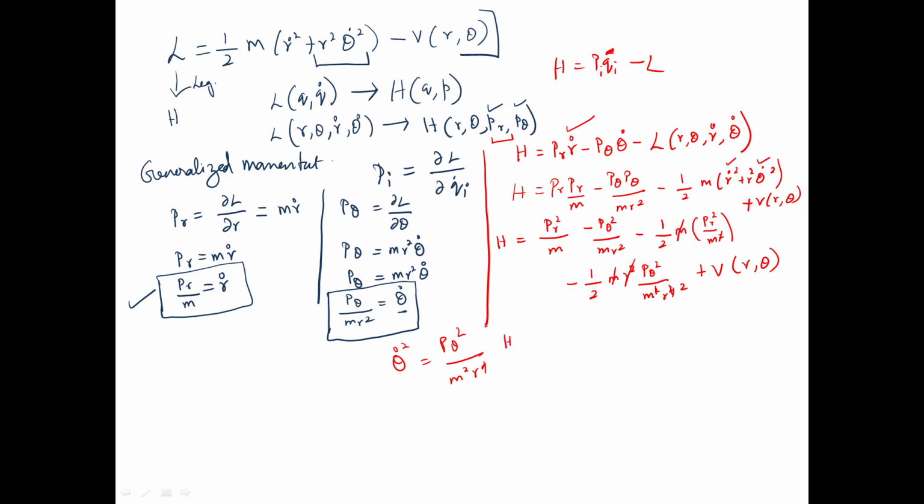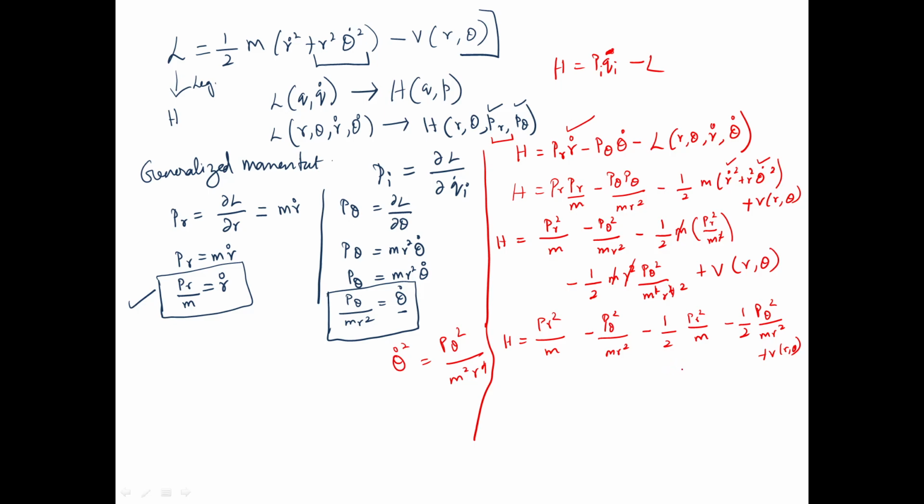So I can write H is equal to p r square by m plus p theta square by m r square, minus one by 2 p r square by m, minus one by 2 p theta square by m r square, plus V of r, theta.